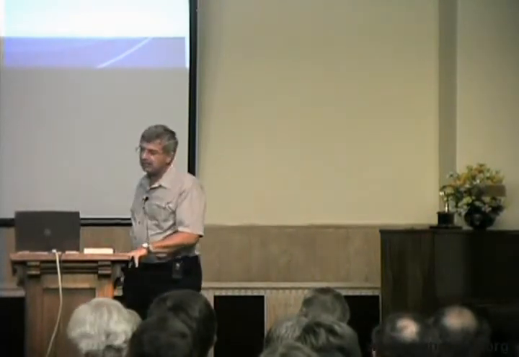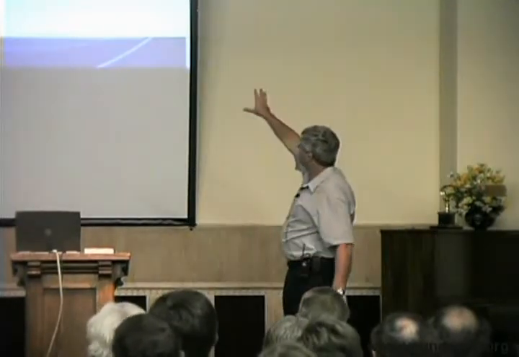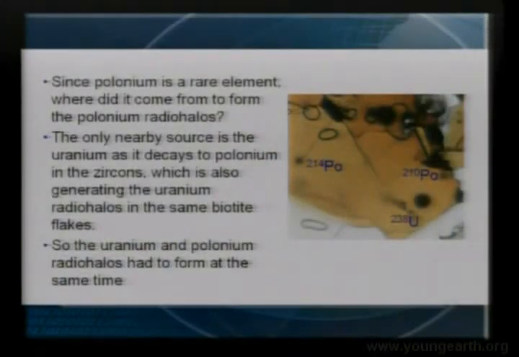But see, that's going to have lots of implications. This means, because it's in the same biotite flakes, the uranium and polonium radiohalos had to have formed at the same time. Now, one thing that we know about granites: when they cool, the hot granite rock has water in it. When it cools, the water comes out of solution in the molten rock, and it's part of the mechanism for carrying heat out of the granite into the surrounding rocks.